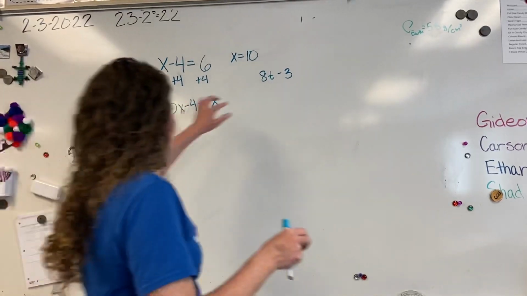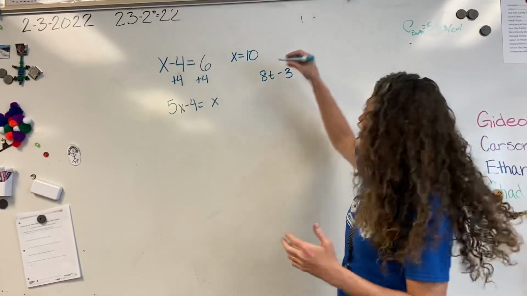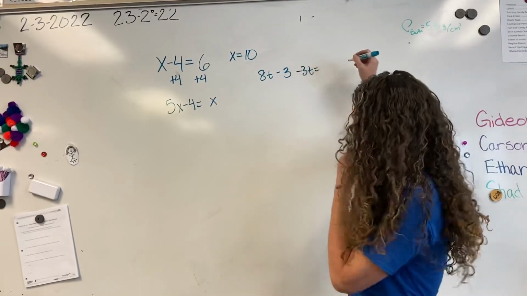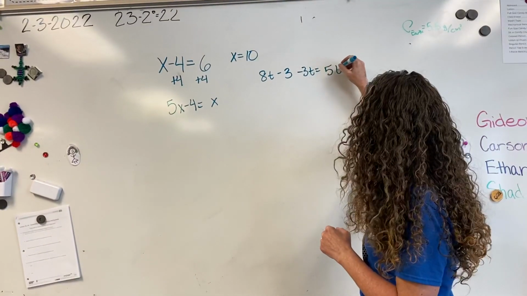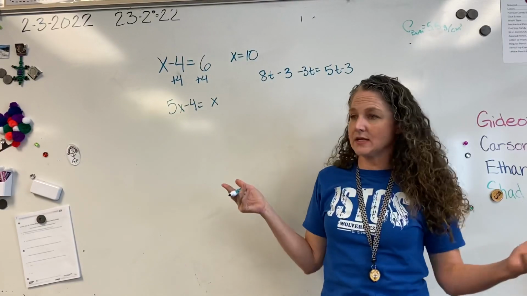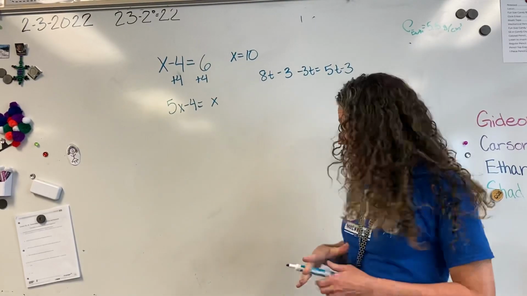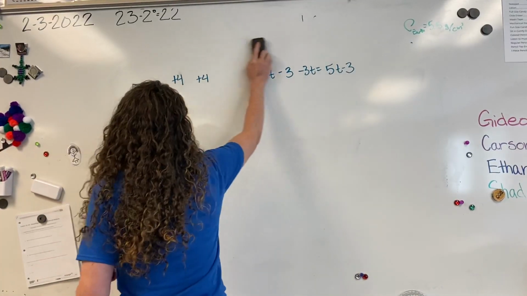I cannot combine these because they're not the same. If I take away 3 Tootsie Rolls, how many am I left with? 5 Tootsie Rolls, and I still have those 3 gumballs that were just sitting there not doing anything, okay? So it's the same with these numbers. So we're combining like terms.